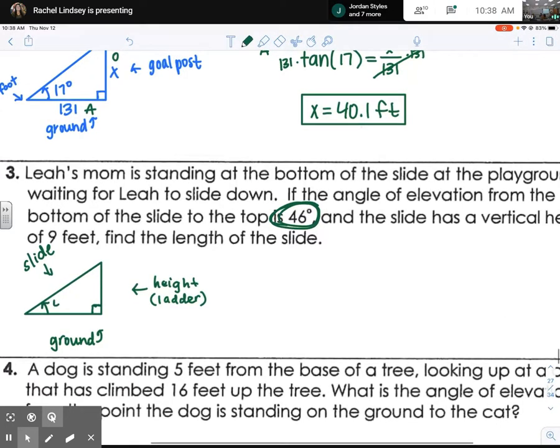So that's going to be 46. And then it tells me it has a vertical height of 9. So my height, how tall it is going to go on this side. And if it wants to know the length of the slide, is it going to be the hypotenuse or is it going to be this side? Hypotenuse, because that's the actual slide. So that is what we're going to call it.